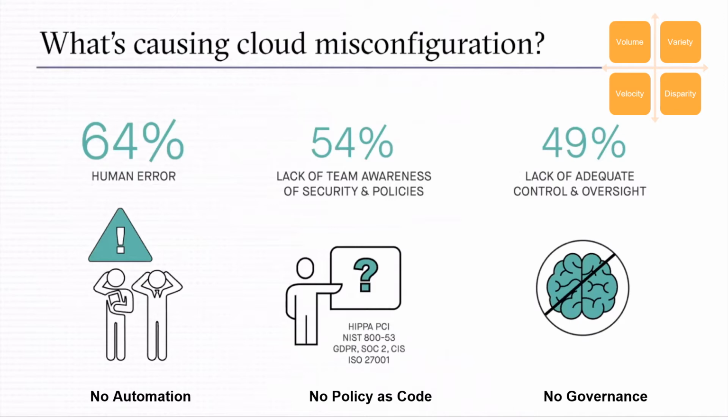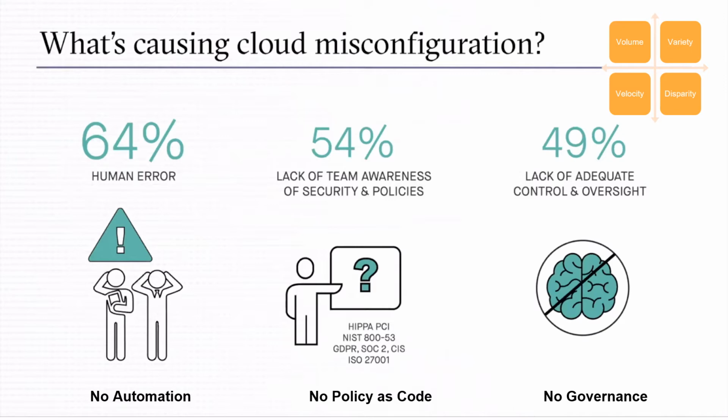And 54% of the folks say, well, that's because of lack of team awareness of security and policies. And that could be education, or it could very well be that things aren't communicated well, or that the security tooling is changing rapidly, or folks are changing rapidly, so certain things are not being implemented appropriately.